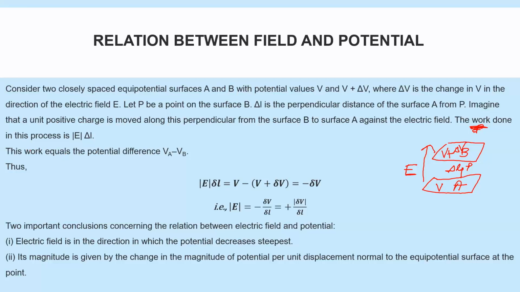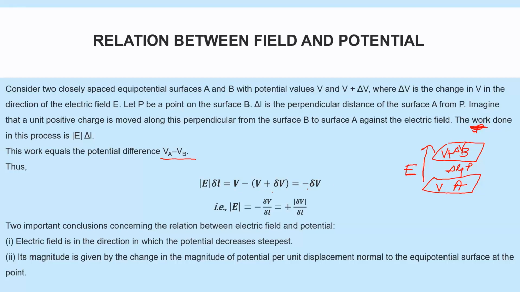Now this work is going to be equal to the potential difference between the equipotential surfaces, VA minus VB. When we write it in equation form, E del L equals V minus V plus del V, because this is the potential value for VA and this is for VB.